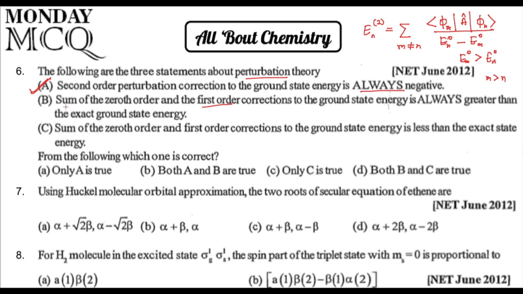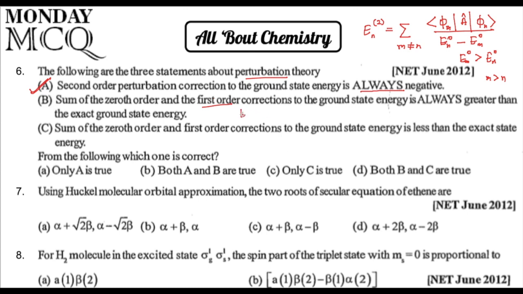If we talk about the second statement, it says the sum of the zeroth order and the first order correction to the ground state energy is always greater than the exact ground state energy. You have to remember that the first order energy correction is always a positive number. If you add that to the zeroth order energy, you are going to get something which will always be greater than the exact ground state energy.